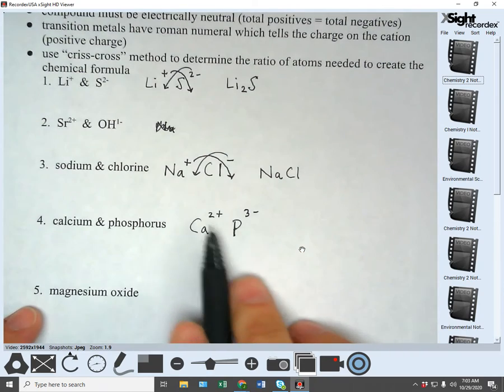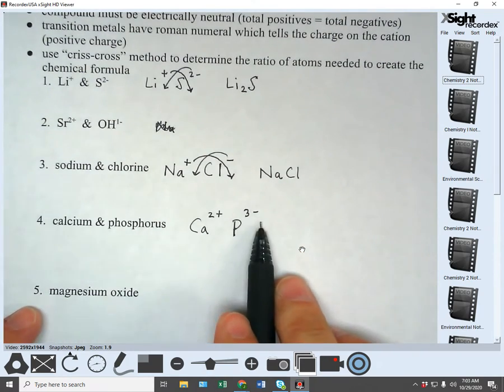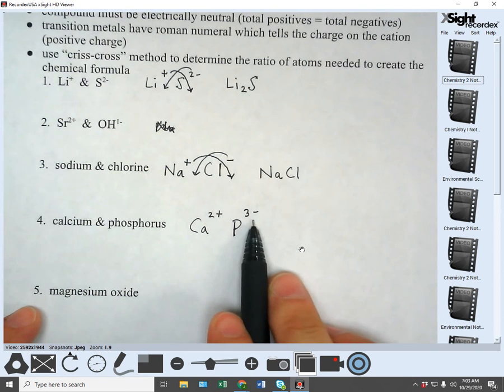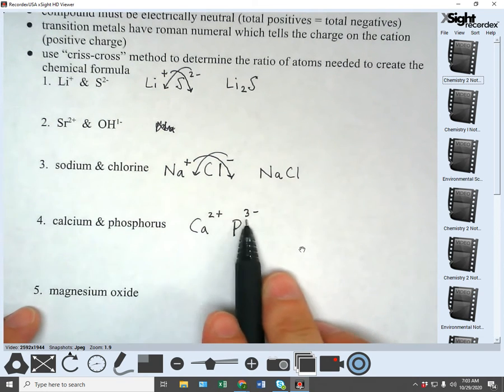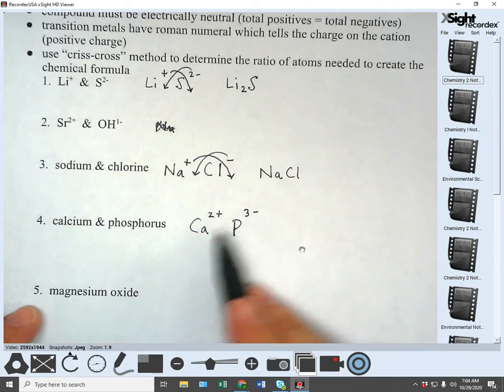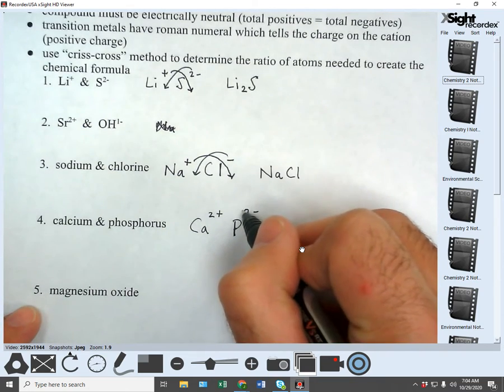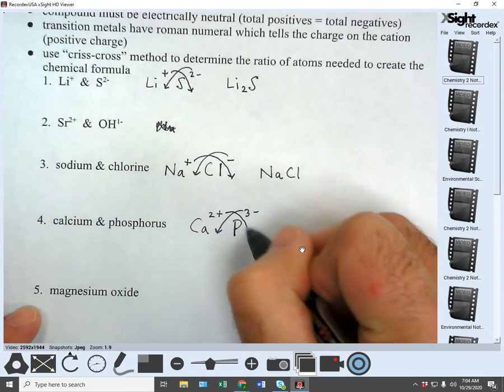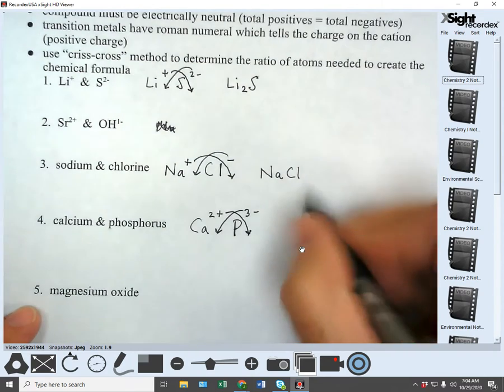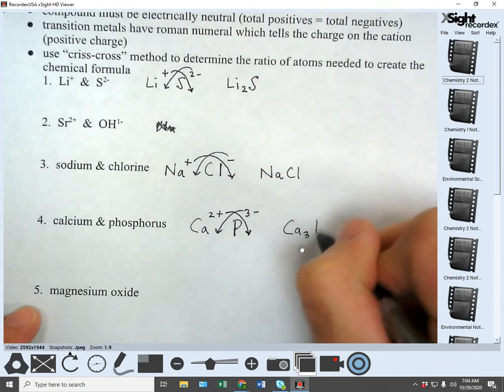Okay. You have to check these and make sure that they can't reduce. If they can reduce, you reduce them, like dividing by a common factor. Okay, so we cross down. We end up with Ca3P2.